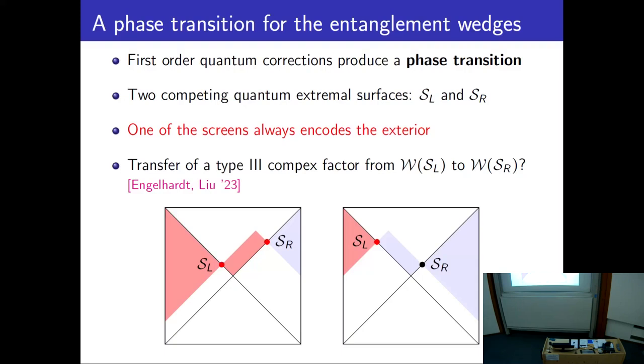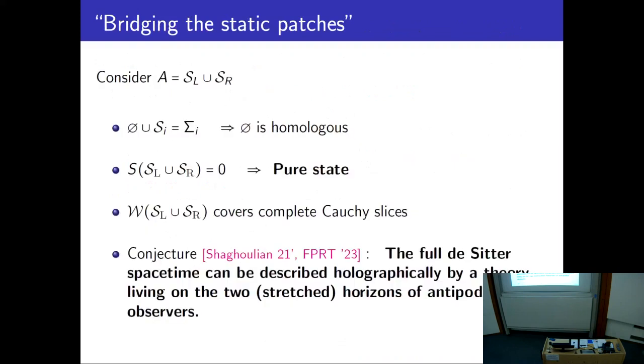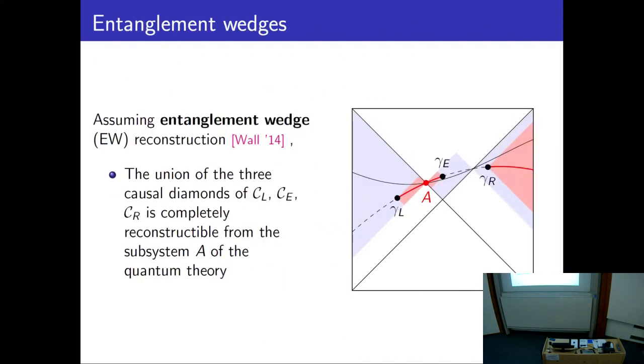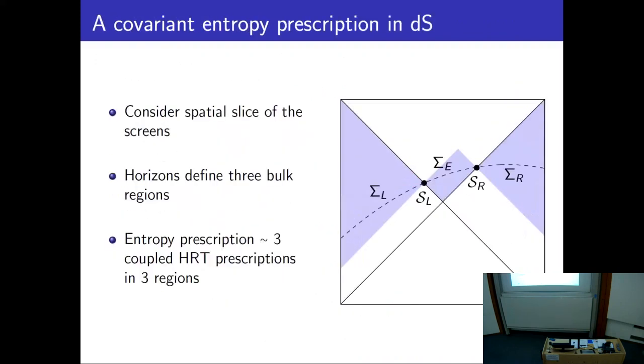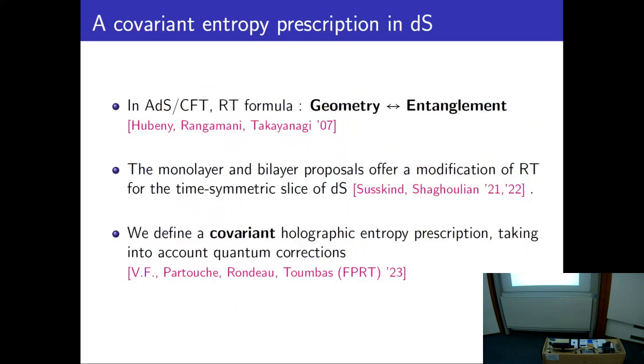So at the moment, I don't have any, no. So there is none at this stage. This covariant prescription takes inspiration from the static one of the monolayer and bilayer proposal, and the idea is just to try to find a prescription that satisfies some consistency checks, like recovering the Bekenstein-Hawking formula, finding that the entropy of the two screens is vanishing, and all these things, while satisfying subadditivity.